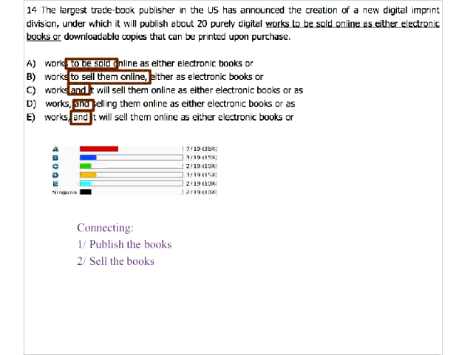So will it publish in order to sell? In other words, these are not independent, so you would want to use a modifier. Or are they going to publish and also sell? In other words, viewed as independent. So you would just not use a modifier and you would use a parallel structure.